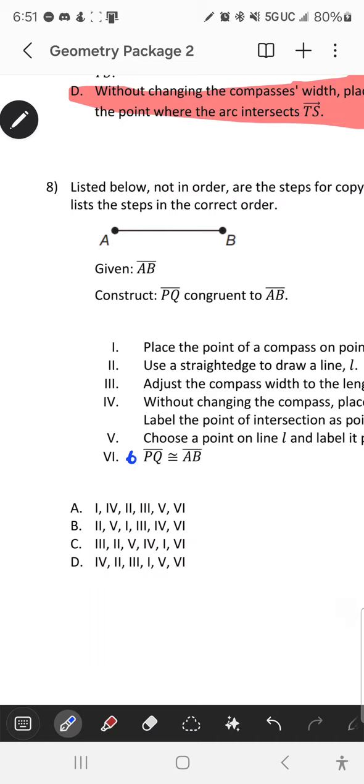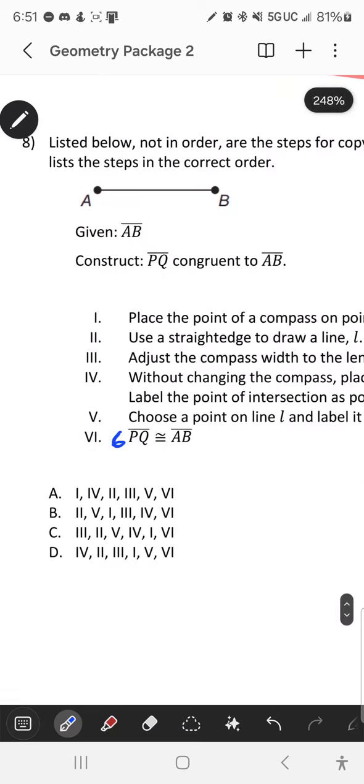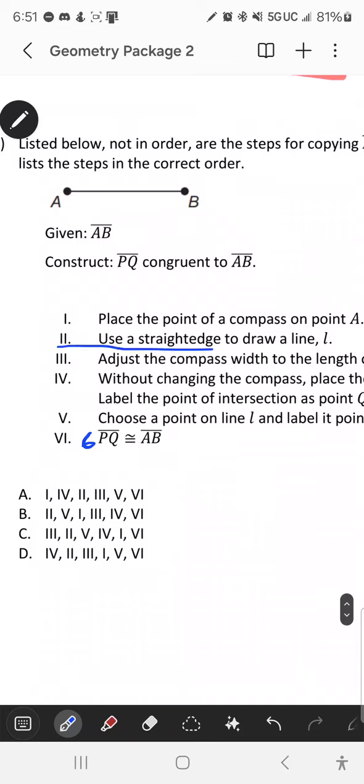Okay, yeah. Let's redo that. Let's keep reading. I made a mistake because this is actually the first step.